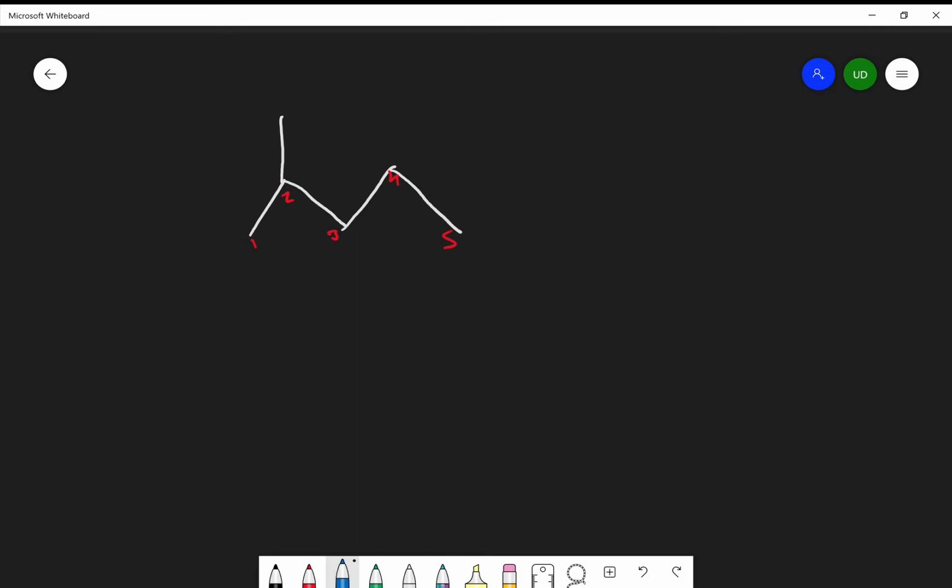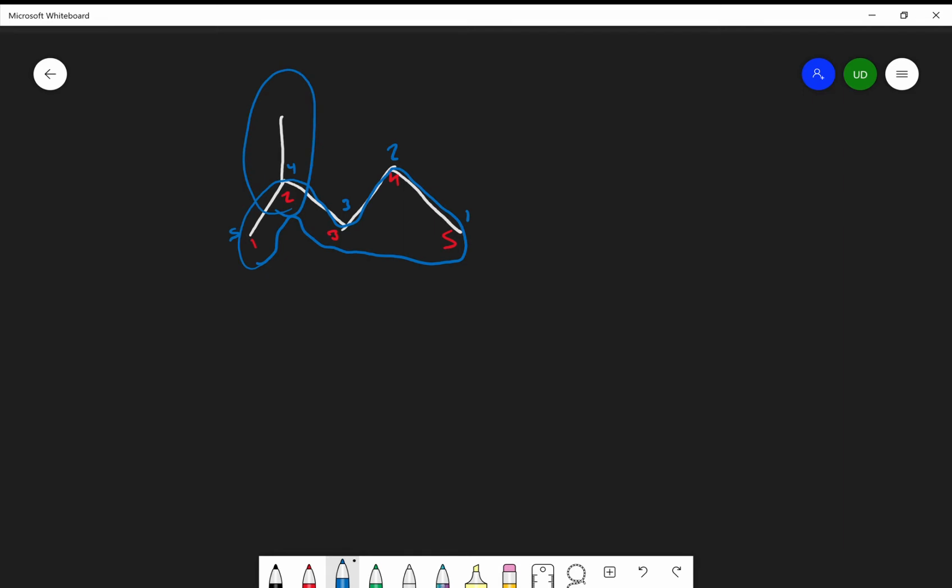Okay, but say you want to do it the other way. You start by doing this one. 1, 2, 3, 4, 5. In doing so, that'd be incorrect. The correct one would be this. 1, 2, 3, 4, 5, starting from the left side, because you want to start your numbering closest to the first substituent possible. And where is that substituent? That is on carbon number 2.